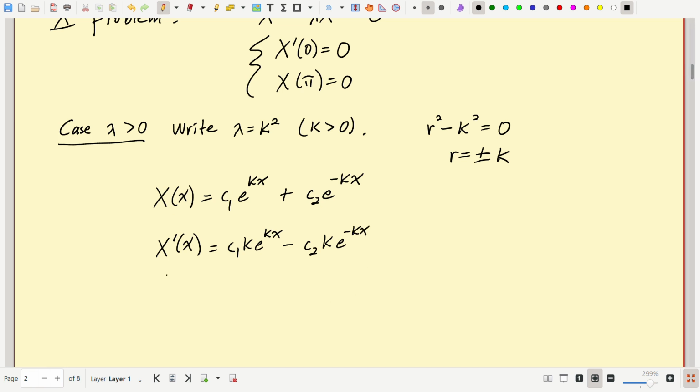And so when I stick in 0, I get c1k minus c2k equals 0. And I see that k is not equal to 0, so that tells me that c2 equals c1.